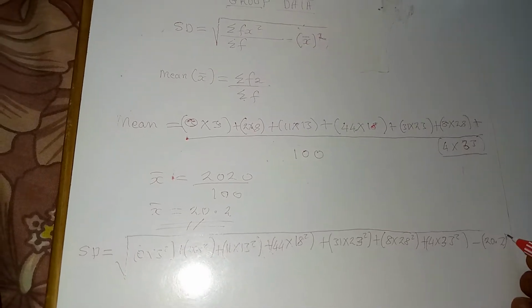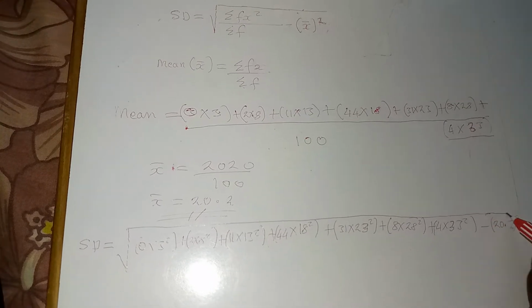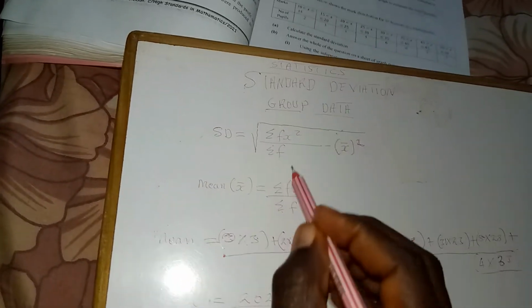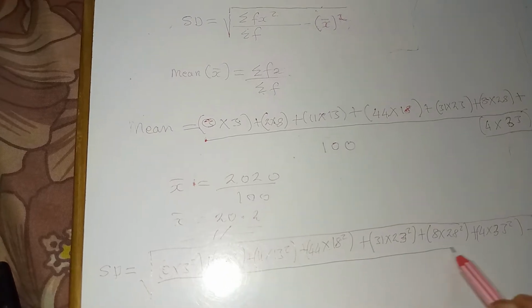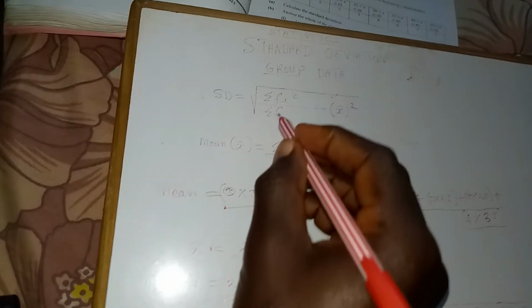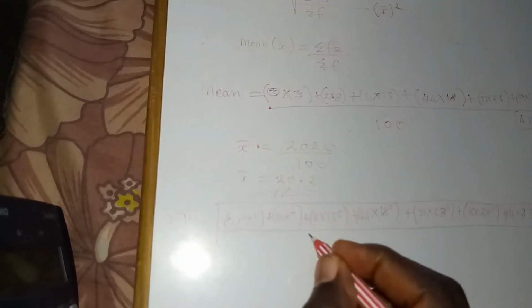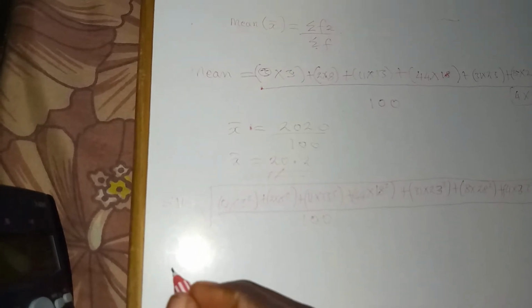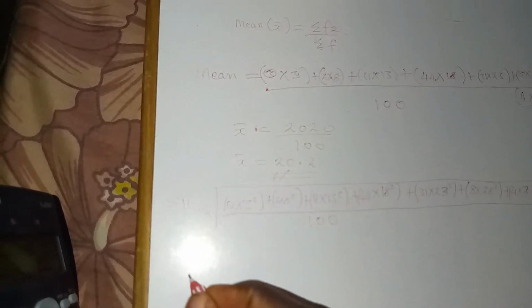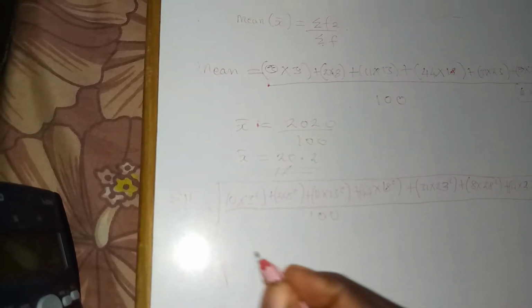That's for the mean. You square the mean like that. Then on the formula, this should be divided by the total frequency, which is 100. Then standard deviation will be equal to the square root of k.